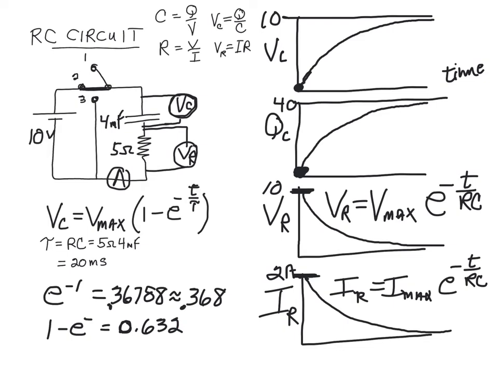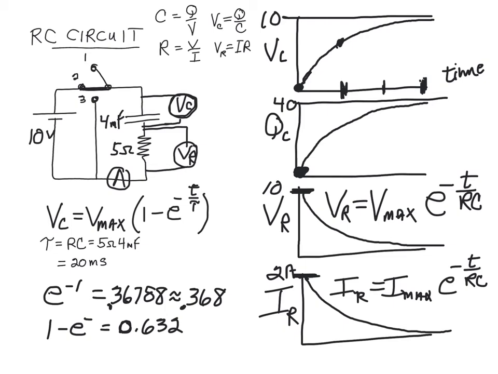And so after we get to 20 milliseconds, the charging will be about 63%, a little less than 2/3 of the way to the final value. And then if you go to 40 and 60, you'll get about 85%, about 86%, and then about 95%.